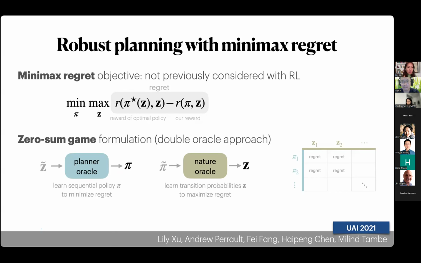And the approach known as double oracle enables us to go back and forth between this planner and nature and iteratively search through this very large uncertainty space so that we can eventually converge to an optimal policy, which we show will occur within a finite number of time steps.